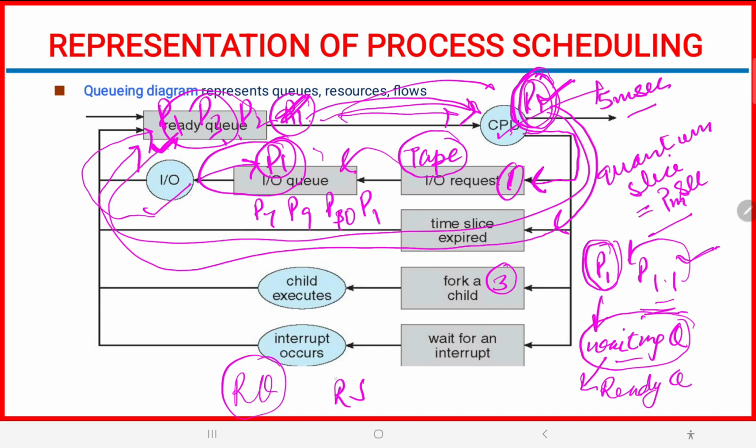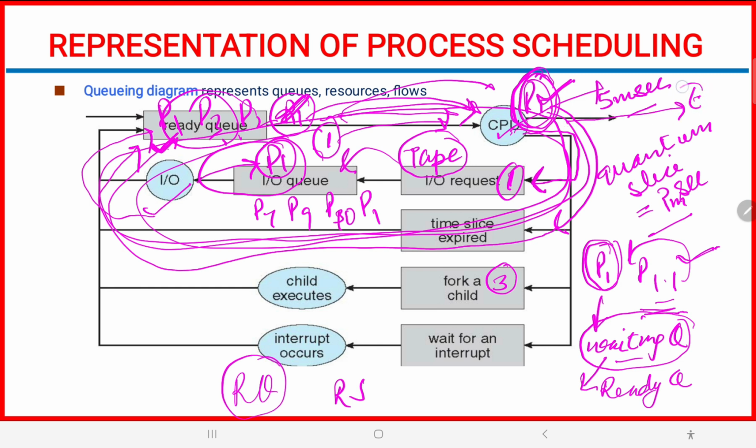So the one which is coming will be the first one to enter the ready state and will immediately get access to the CPU whenever the CPU is free. So a process continues this cycle, that is from this stage onto the ready queue, then again to CPU, then again to this. It keeps on continuing this cycle until it terminates.